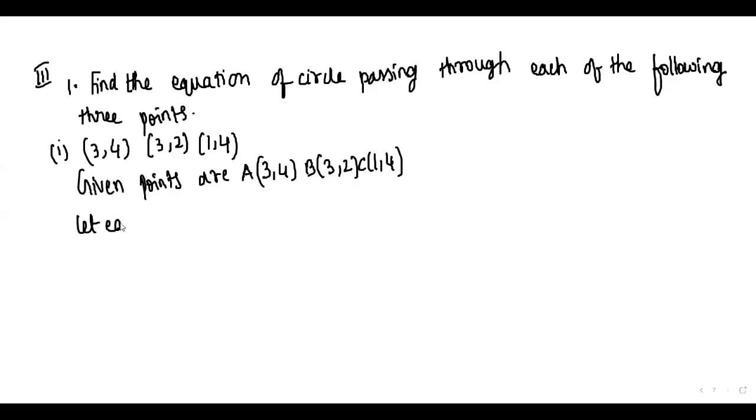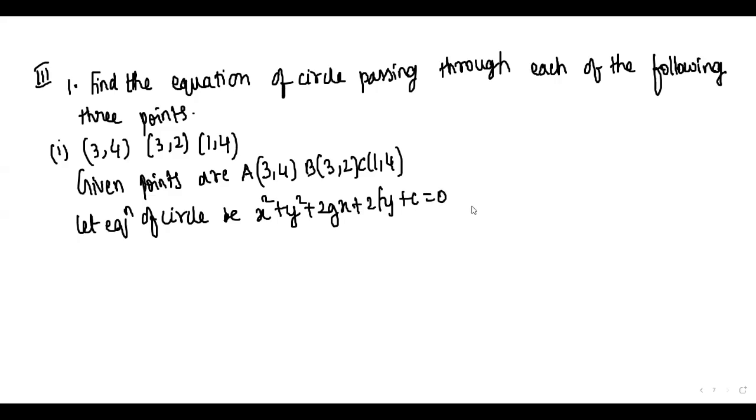Now let the equation of circle be the general equation, that is x square plus y square plus 2gx plus 2fy plus c equals to 0. This is equation number 1. Now equation number 1 passes through the first point, that is A (3, 4).